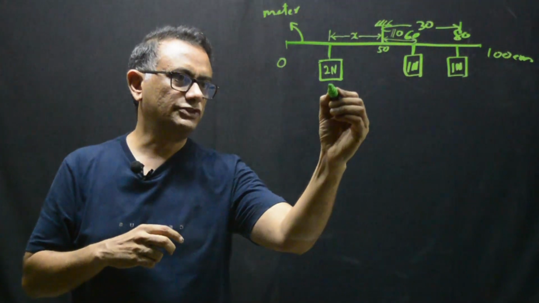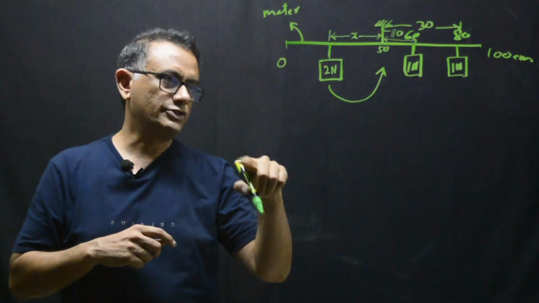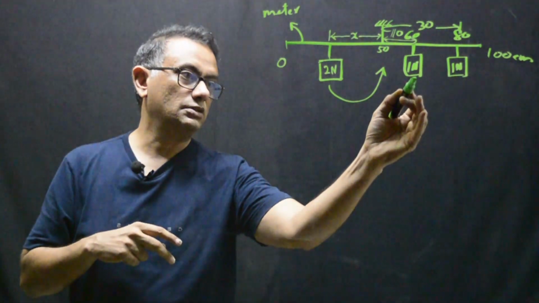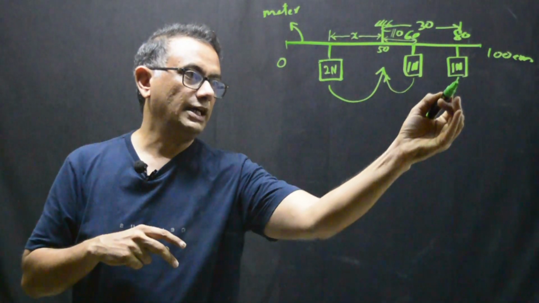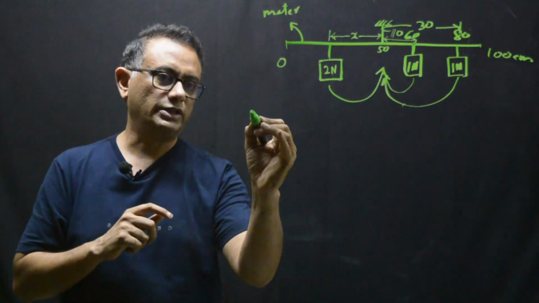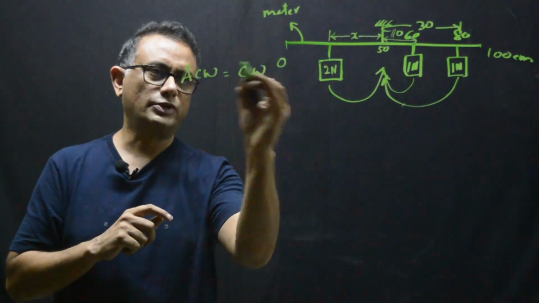So once again, we use the principle of moments. This is going to be the anti-clockwise moment for us, and there are 2 clockwise moments. One is because of this one and the second because of this one, right? So anti-clockwise is equal to clockwise moments.